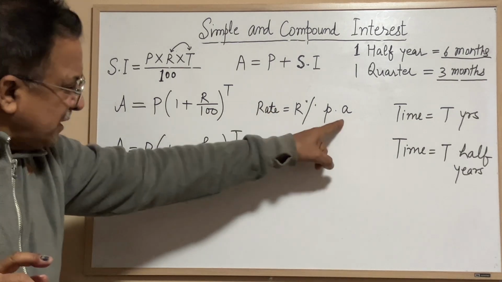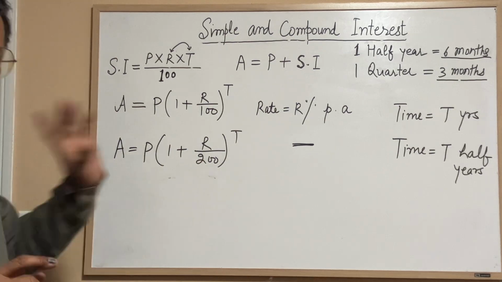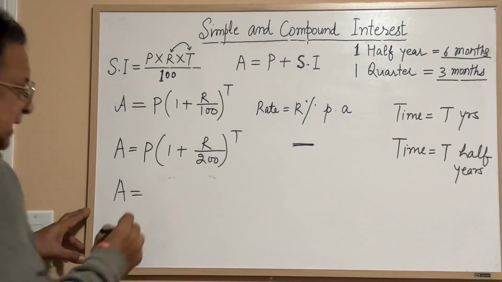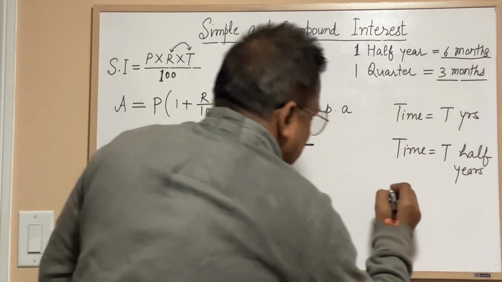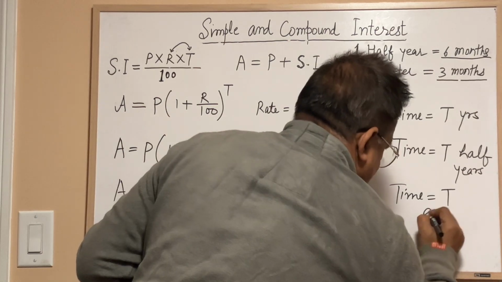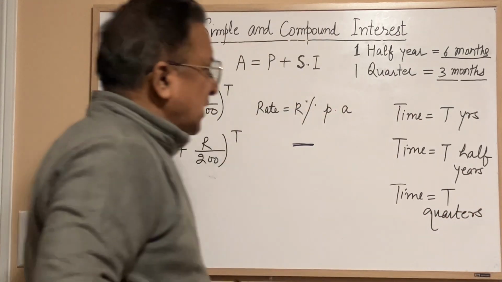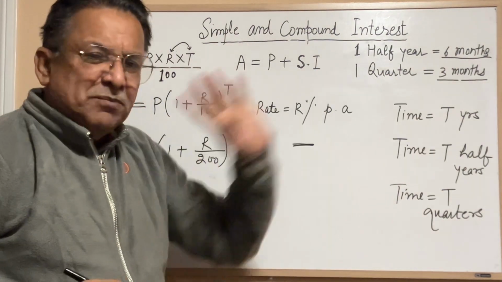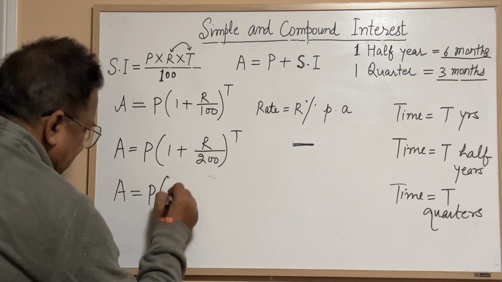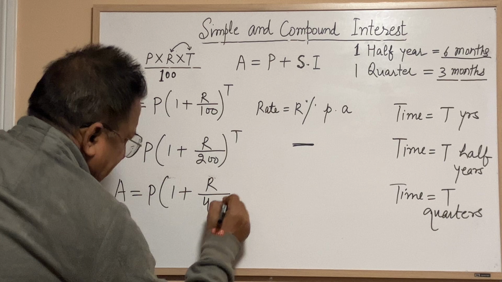Rate is R percent per annum, time is T half years, then you have to apply R upon 200. Then if we take time equal to T quarters, quarters means 1 quarter equal to 3 months, then this will reduce in the form 1 plus R upon 400.